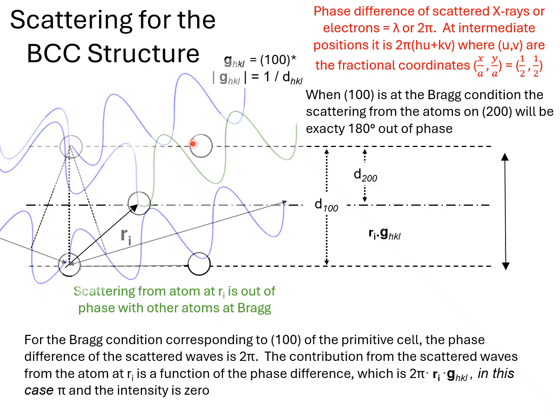Now it turns out that in the body-centered cubic lattice, there are an equal number of atoms on planes which are midway between these two planes.